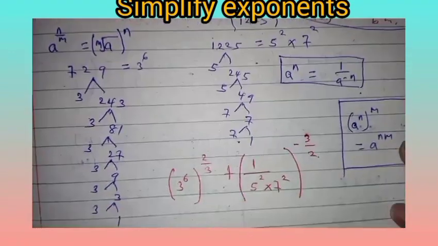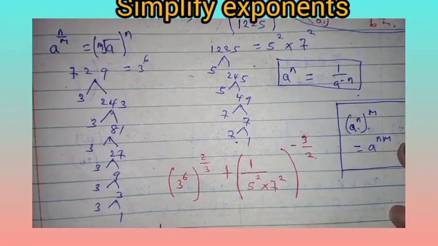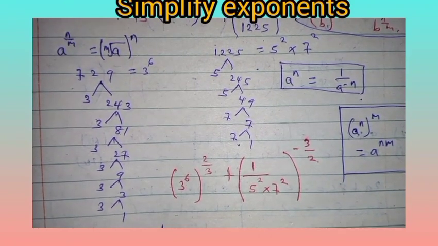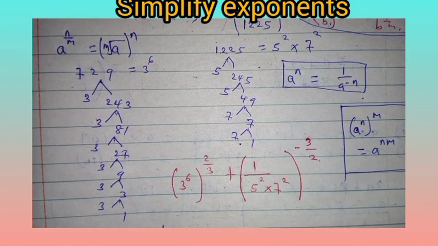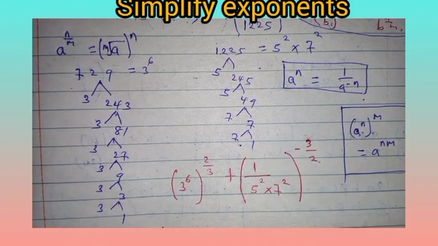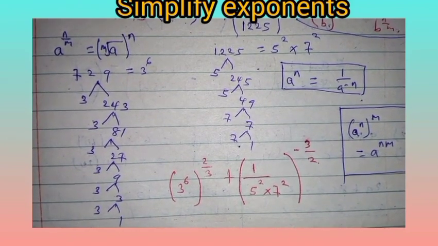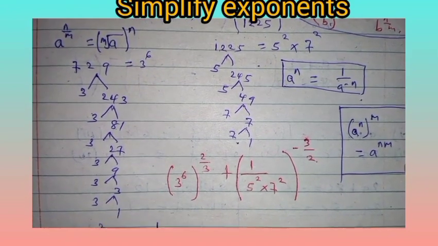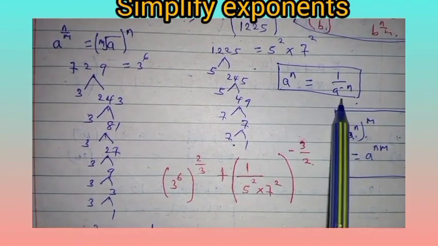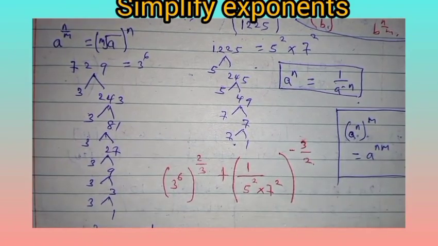To remove the bracket, 1 power any number will be 1. So you will have 1 divided by 5 squared times 7 squared, power negative 3 over 2. Now we can make use of this identity here, so that we take this up.